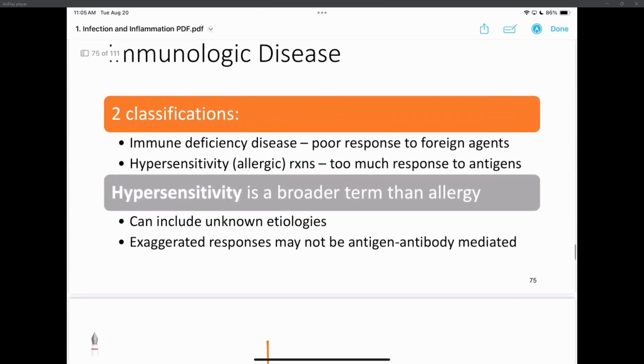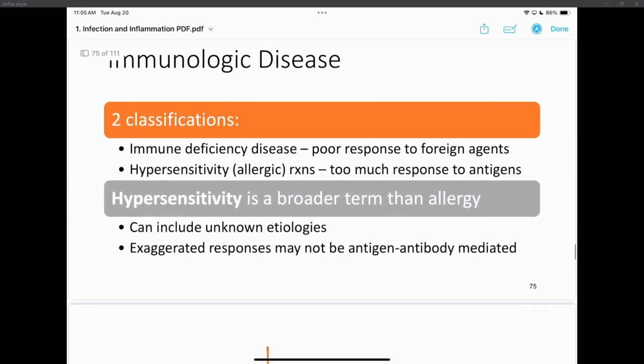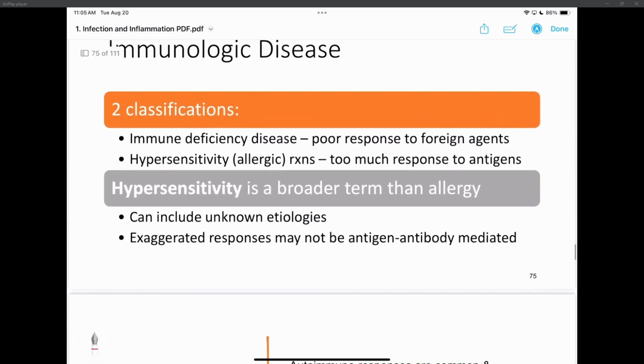So let's talk about immune functions. There's two classifications when we talk about immunity. Immunodeficiency diseases, where we don't respond to foreign agents, so HIV or AIDS, acquired immunodeficiency syndrome, poor response to foreign agents, and then the opposite, your hypersensitivity reactions or an allergic reaction is too much of a response to the antigens.